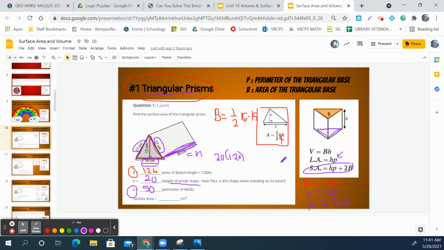So 20 is the height, that's the H. I'm doing it wrong. I don't like the triangle ones either. So the H is 20. The perimeter is 50. And then plus, that's a plus, not an equals, 2 times 120, because that was the base.